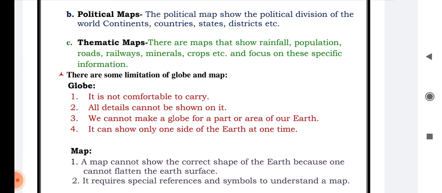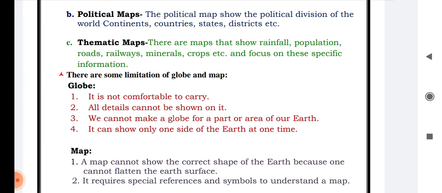That is why the political division of the country is done, so that proper administration can be done. So, in the political map, we can see the world's continents, the countries, the states, the districts, towns, everything.